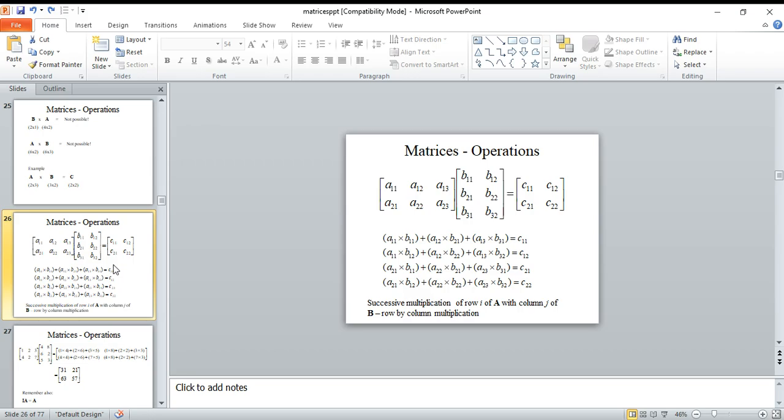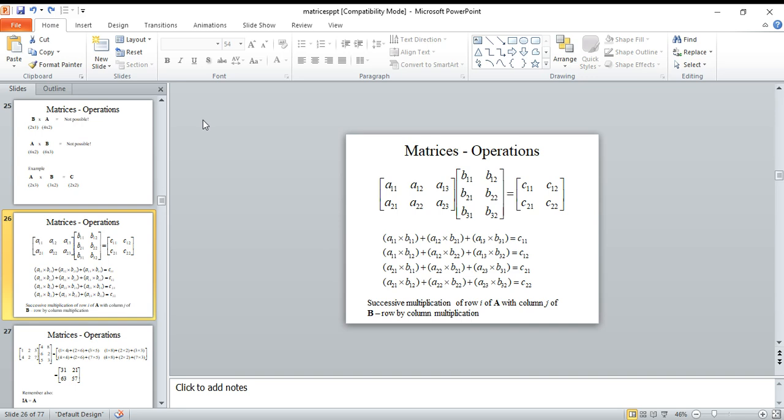See carefully. Take the first row of the first matrix and the first column of the second matrix. Multiply the first row with the first column: A11 into B11 plus A12 into B21 plus A13 into B31. This is the C11 element.